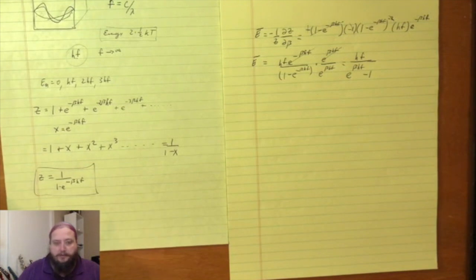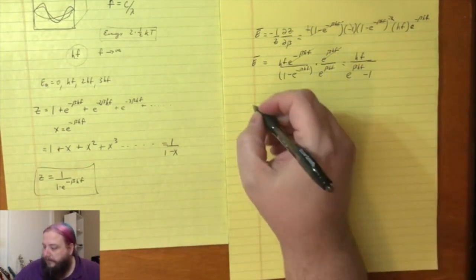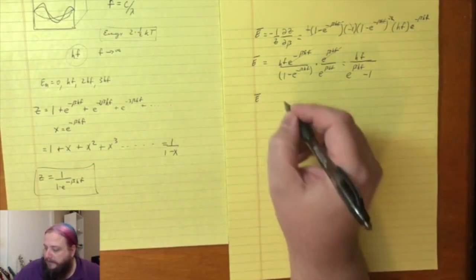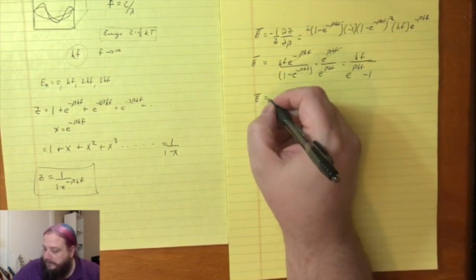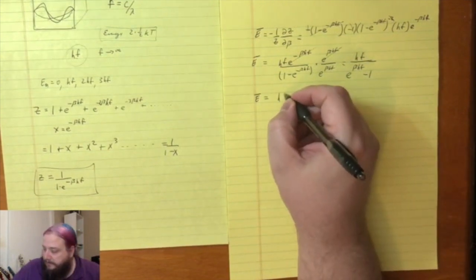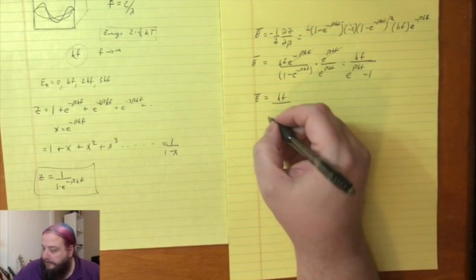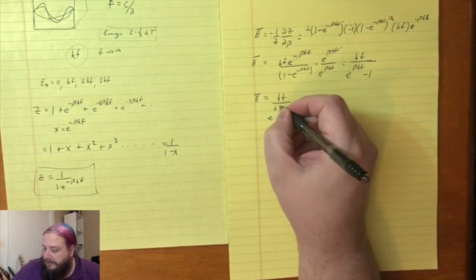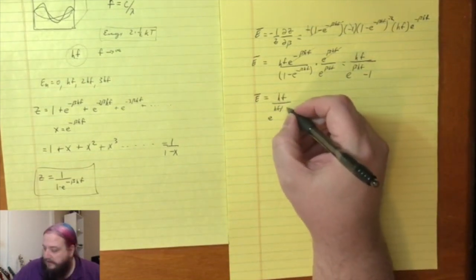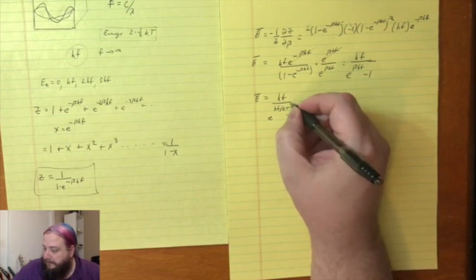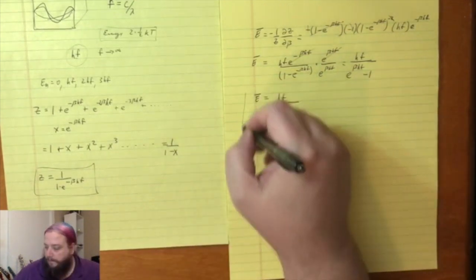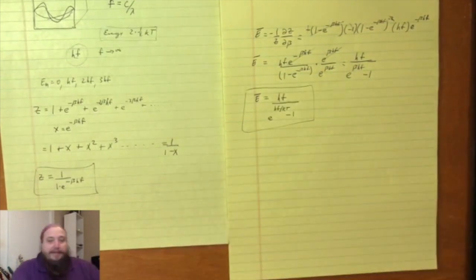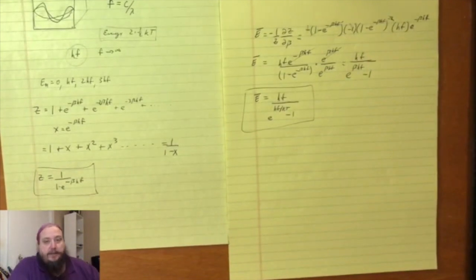And let's go ahead and get rid of the beta and put this back in terms of kT. So this is Planck's constant times the frequency over e to the hf over kT minus 1. So that's the average energy of our particles.